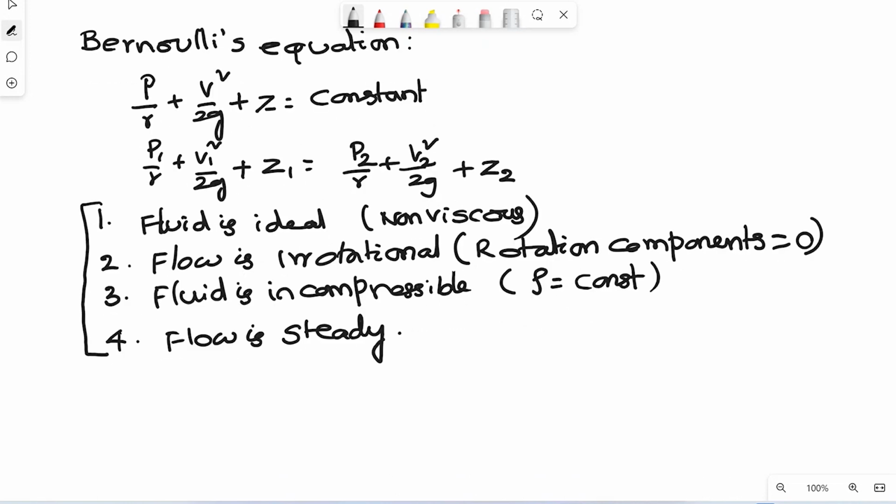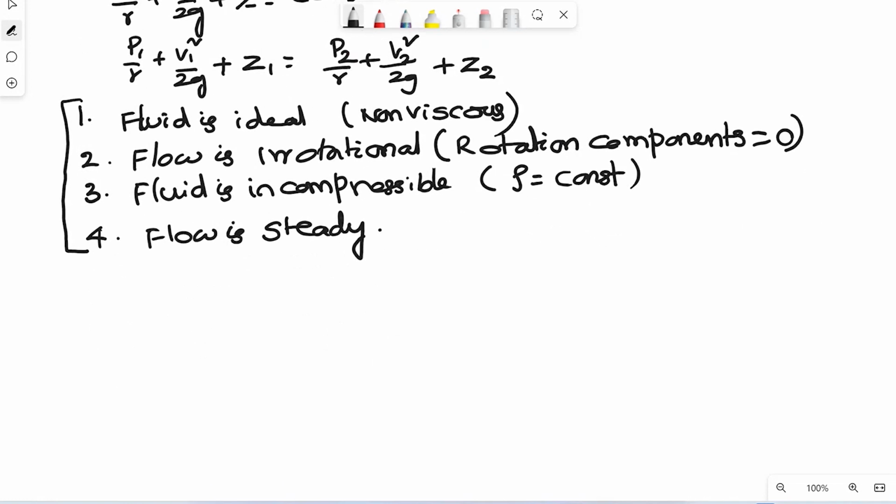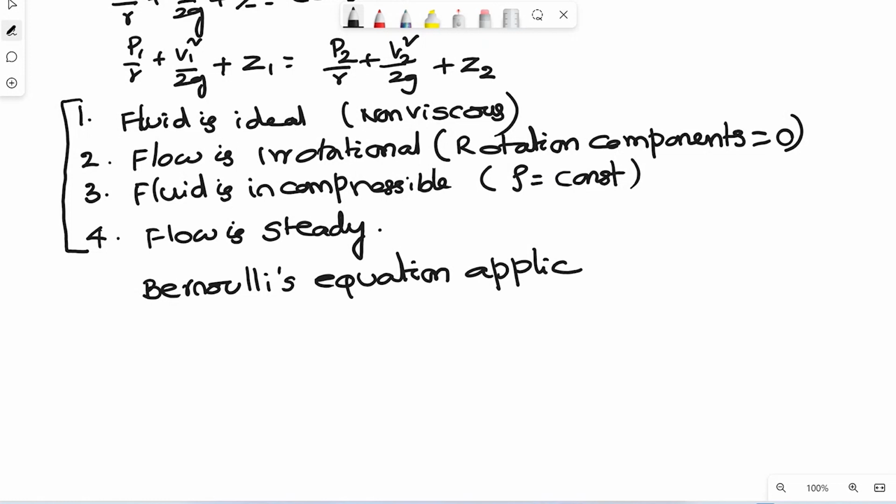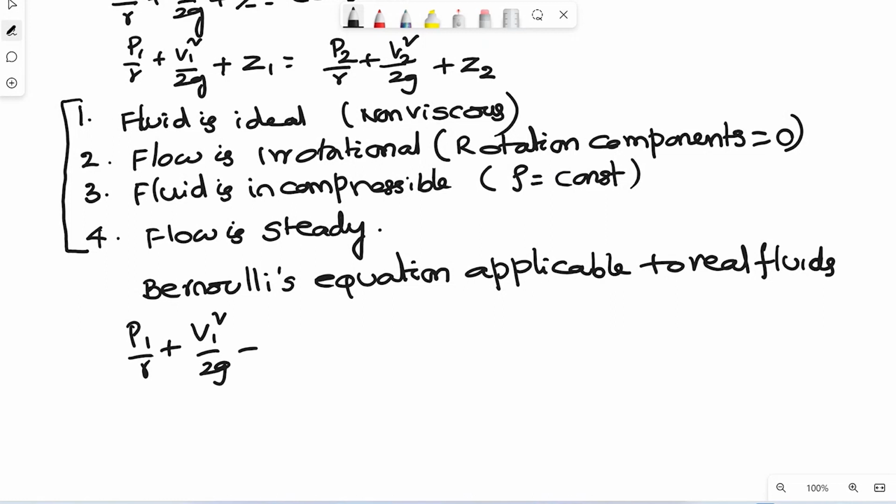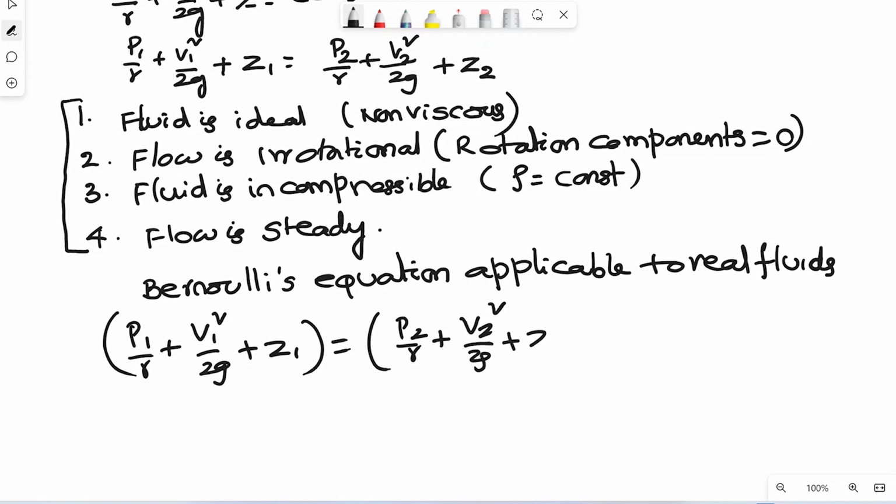But with a little modification, Bernoulli's equation can be applied for real fluids also. Therefore, Bernoulli's equation applicable to real fluids: P1 by gamma plus V1 squared by 2G plus Z1 is equal to P2 by gamma plus V2 squared by 2G plus Z2 plus head loss.